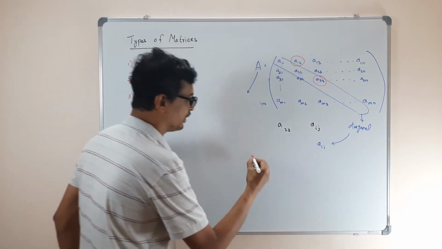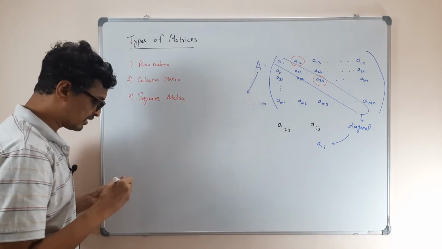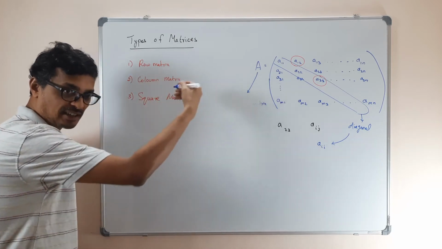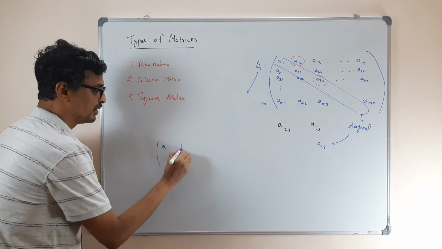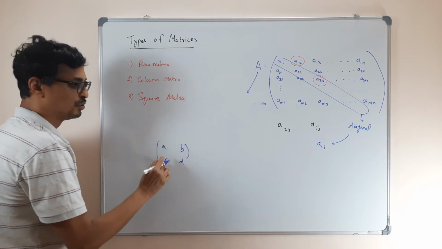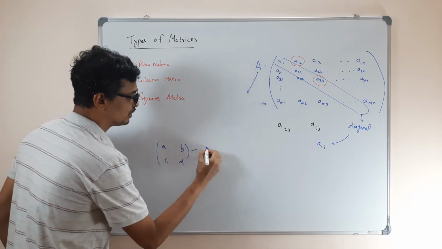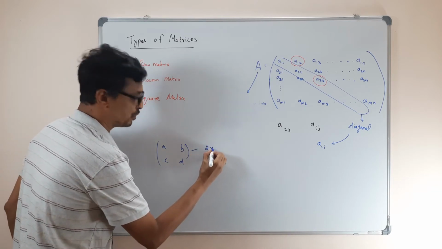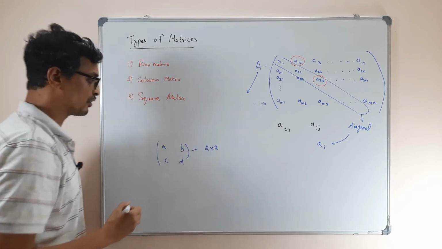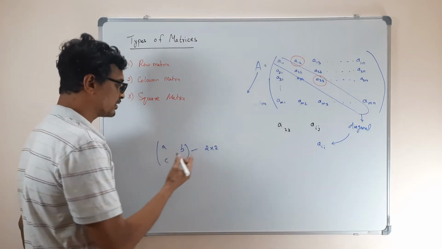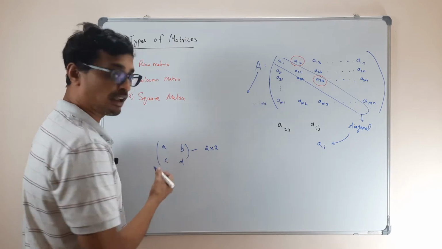We saw many examples. A simple example from the earlier class was A, B, C, D: 2 rows, 2 columns. So this is a 2 by 2. In your book they write 2 by 2 matrix. That's the order of this matrix, and so this is a square matrix.